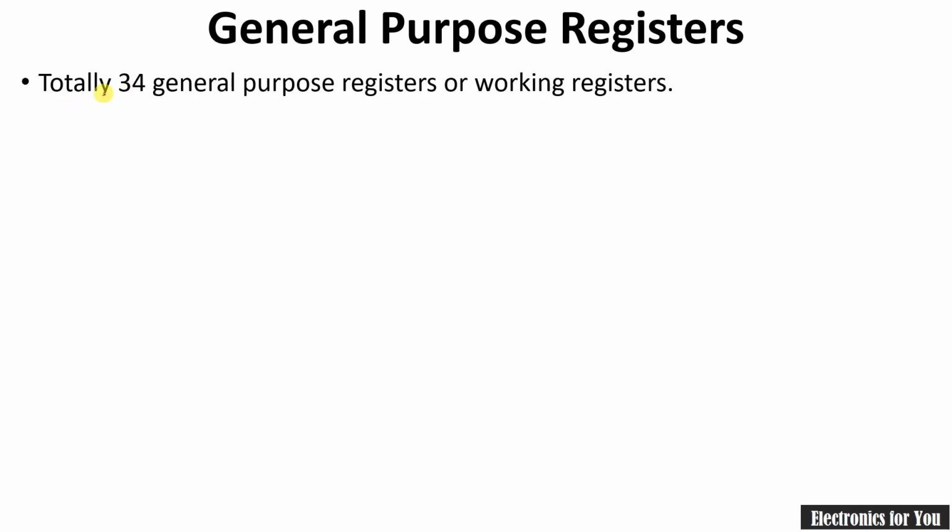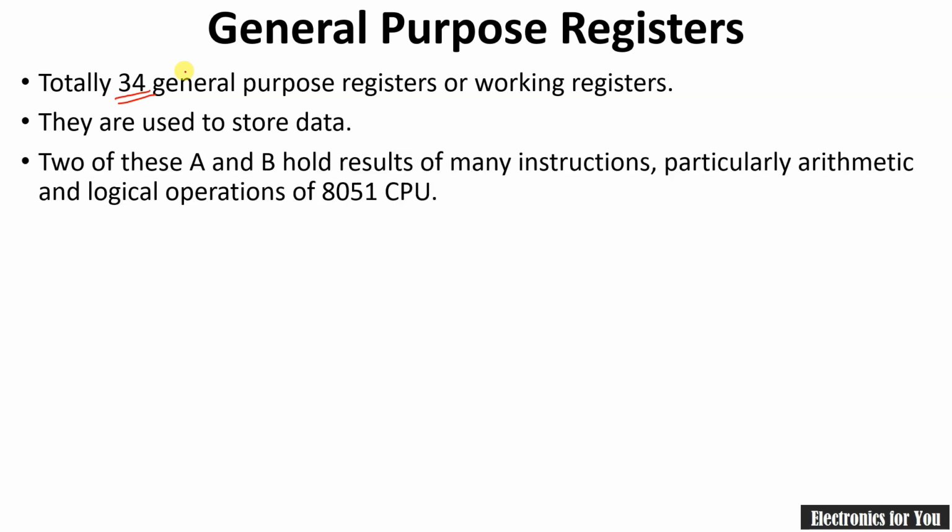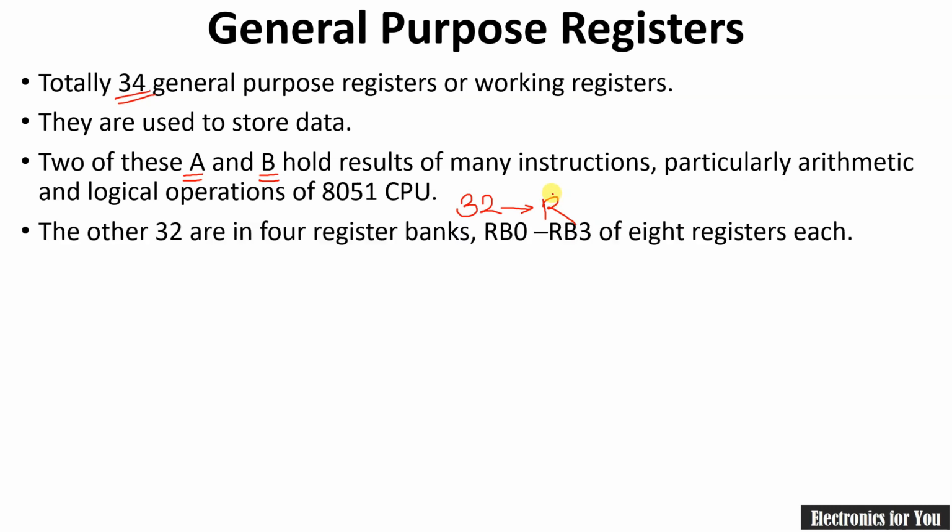There are total 34 general purpose registers which are used to store temporary data. In case of 8051, these 34 registers are register A, register B and 32 registers which are known as R registers.